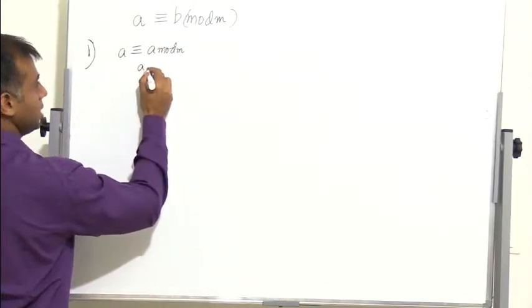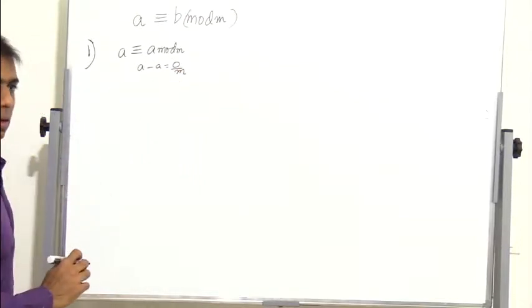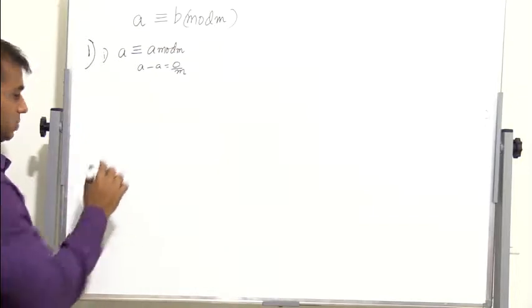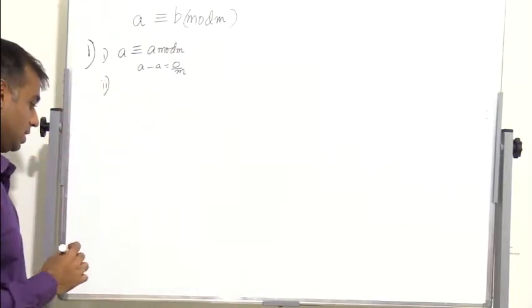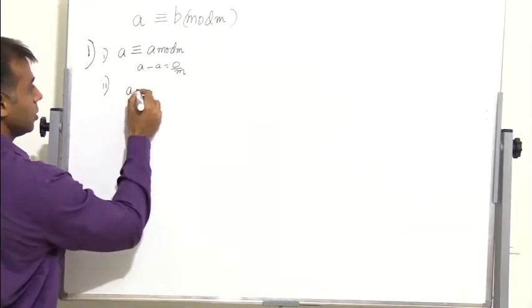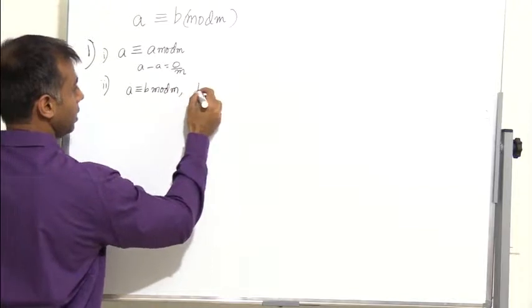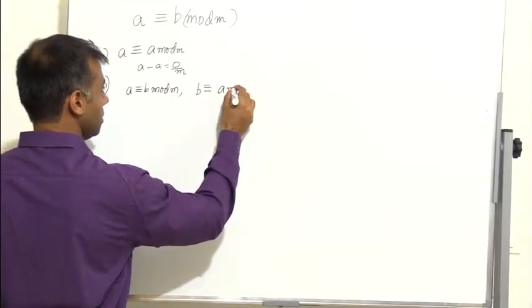So we know that A minus A is equal to 0, which is definitely divisible by n. Now this is part 1 of the first property. Part 2 of the first property is that if A is congruent to B mod m, then B is also congruent to A mod m.